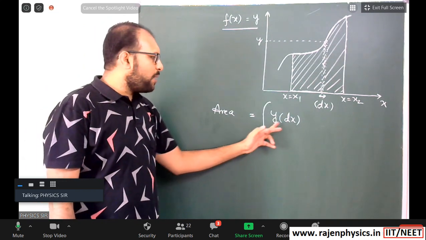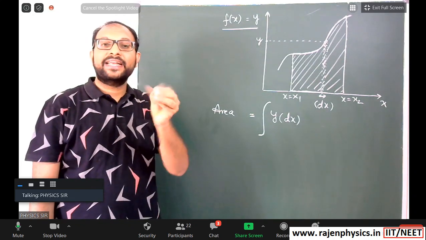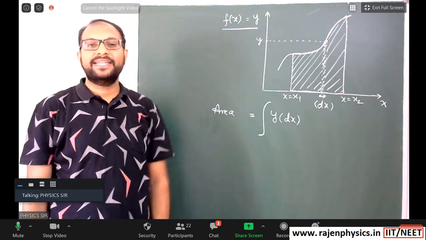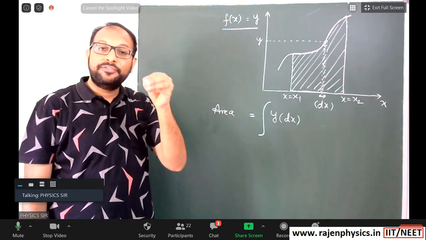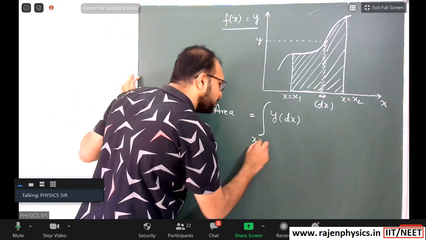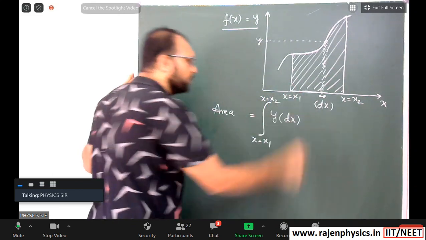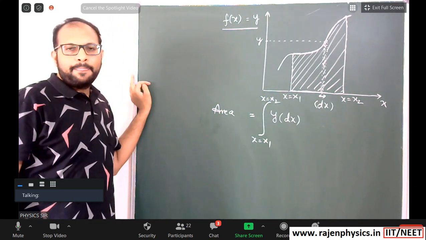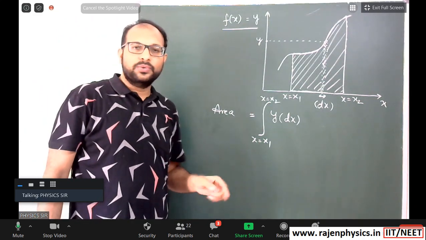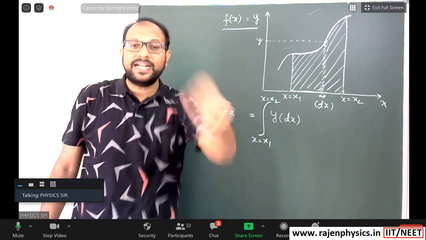Integral y dx is nothing but indefinite integration, because here it is not mentioned from where to where you are integrating. If you mention where to where, x equal to x1 to x equal to x2, and integrate only from x1 to x2, you will get the area from only here to here. This is a definite integration.